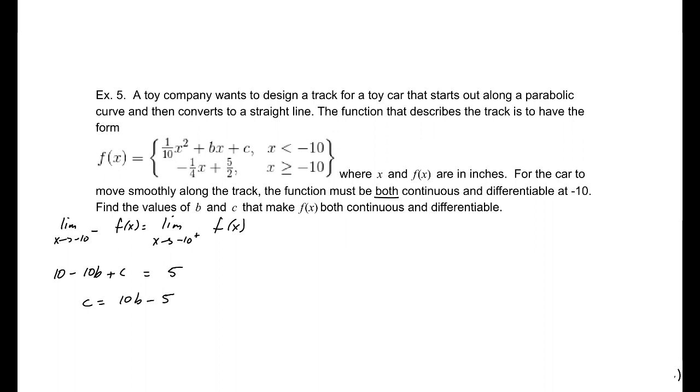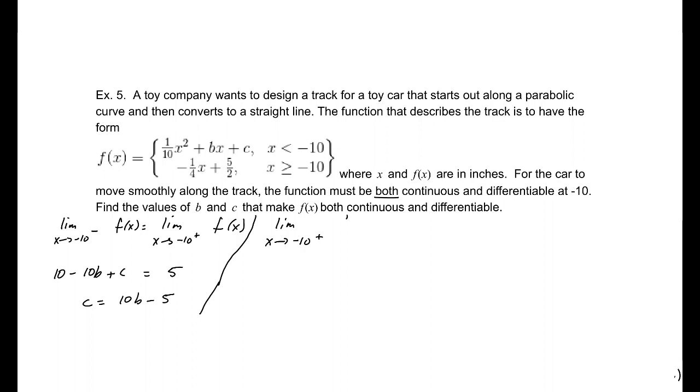Now that does not appear to help us on the surface, but we're going to combine this with the fact that it is going to be differentiable. Okay, so our function is continuous, and then we'll go ahead and look at it being differentiable. So being differentiable implies that the limit exists of the difference quotient.